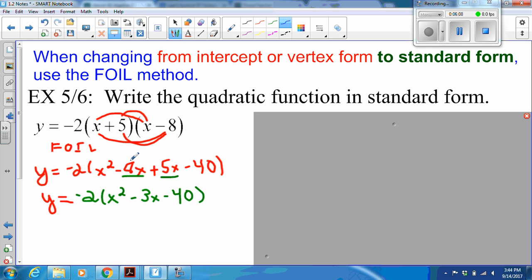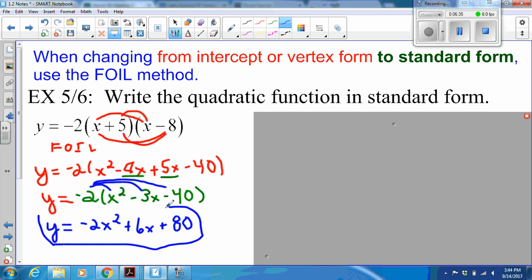Our last step is to distribute the negative 2 to everything inside the parentheses. So we finally get y equals negative 2x squared. Remember, 2 negatives make a positive, so plus 6x, and once again 2 negatives make a positive, so plus 80. And this would be your final answer. Boom.